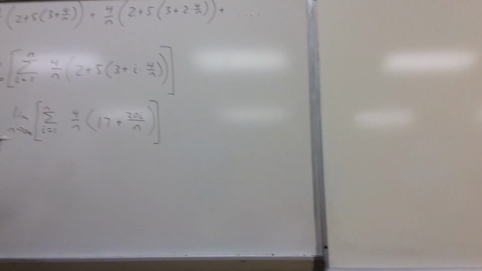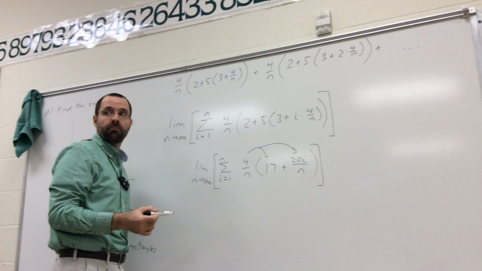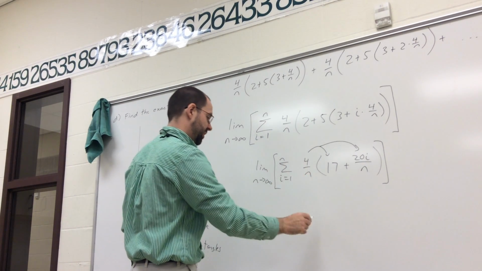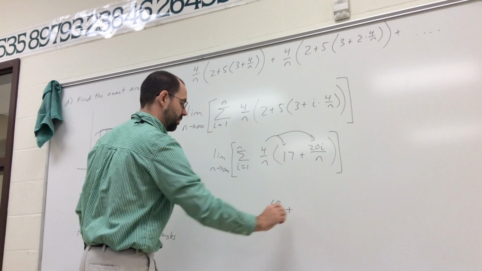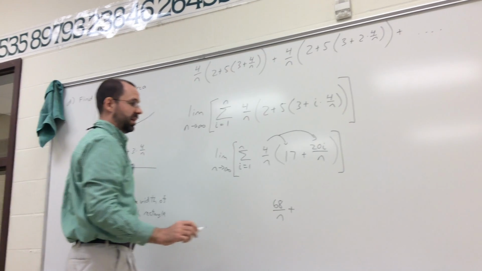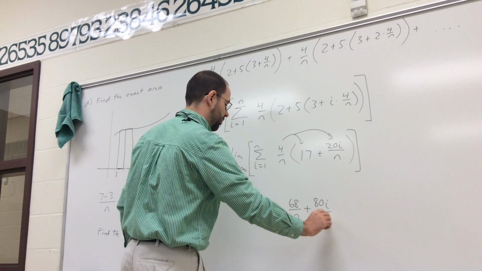Okay, next thing I want to do is distribute this 4 over n. So that'll give me 68 over n plus 80i over n squared.